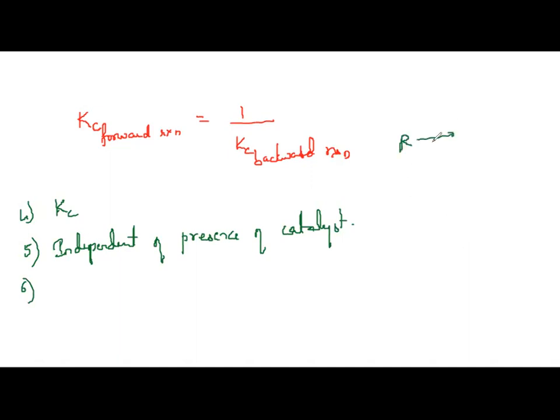Whenever a reaction is reversible, if you add a catalyst, what will happen? With whatever speed the forward reaction increases, with the same speed the backward reaction also increases. So both the forward and backward reaction rates are increased at the same rate by the addition of a catalyst. Therefore, Kc will not depend on the presence of the catalyst.